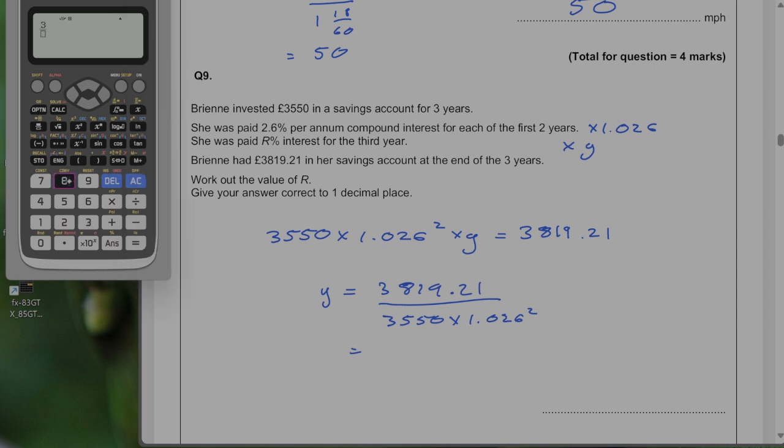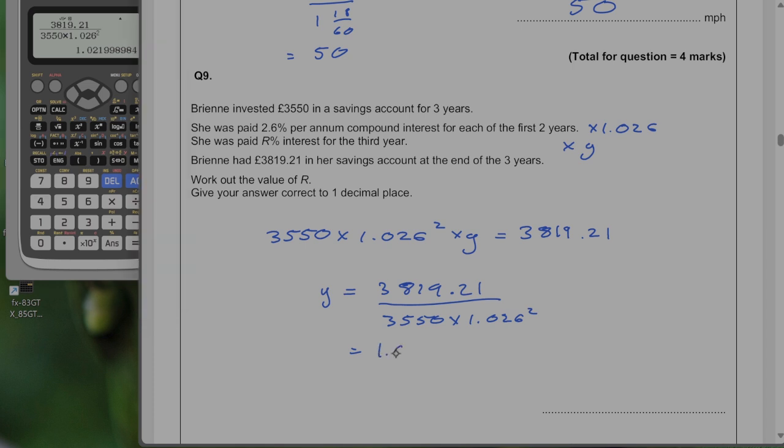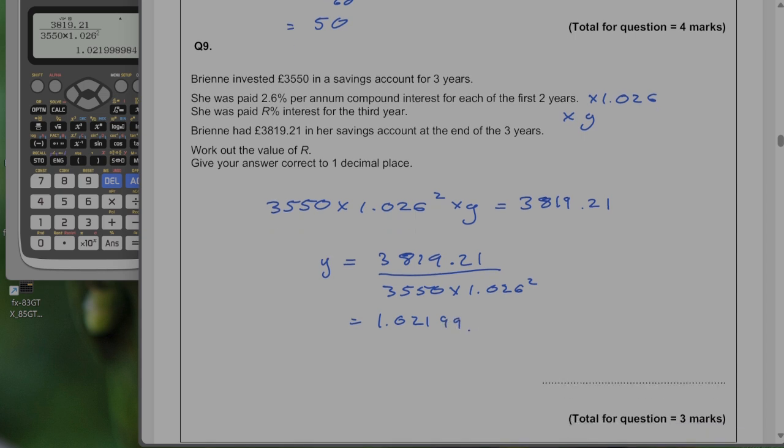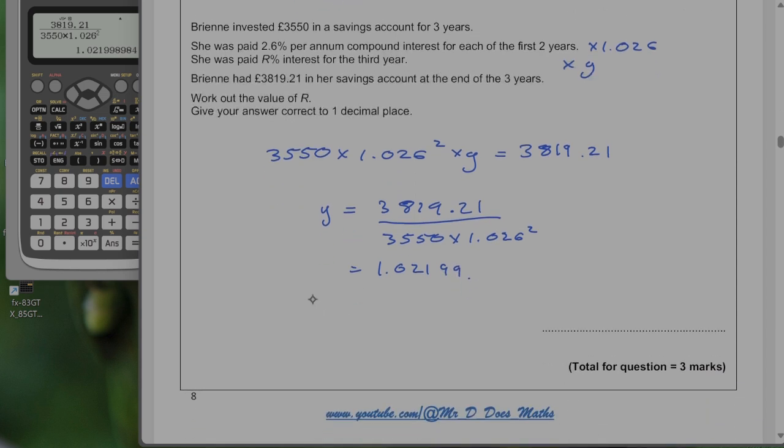So £3,819.21 divided by £3,550 times by 1.026 squared gives me a value of 1.02199. So that means then that R as a percentage will be 2.199... So we wanted it to one decimal place, so that's going to be 2.2%.